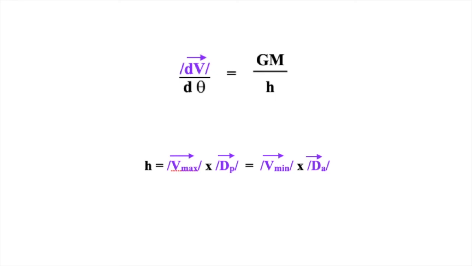The other key finding that we discovered in this video is that h, the specific angular momentum, will be equal to the magnitude of Vmax times the magnitude of the distance at perihelion, which will also equal the magnitude of the minimum velocity at aphelion times the magnitude of the distance at aphelion.